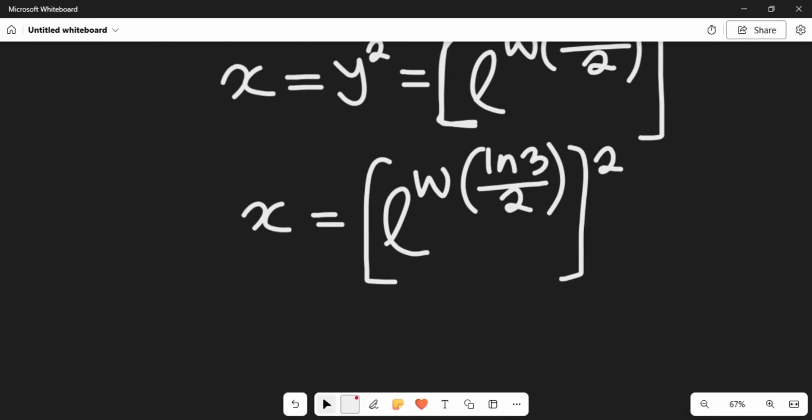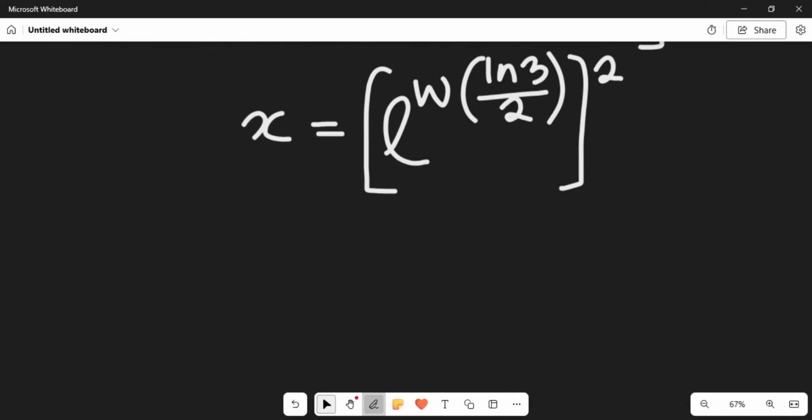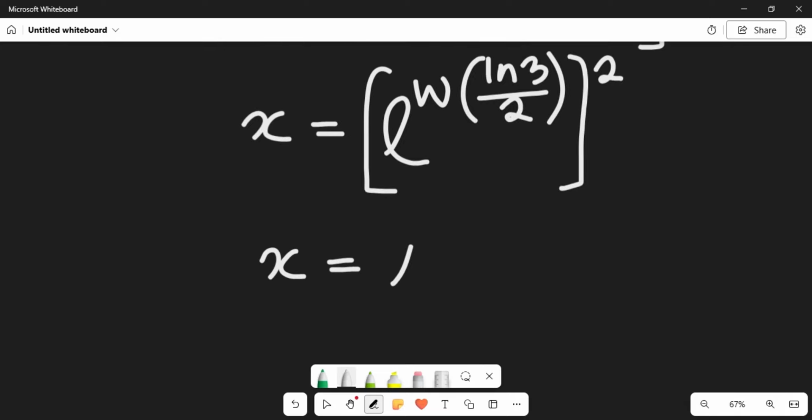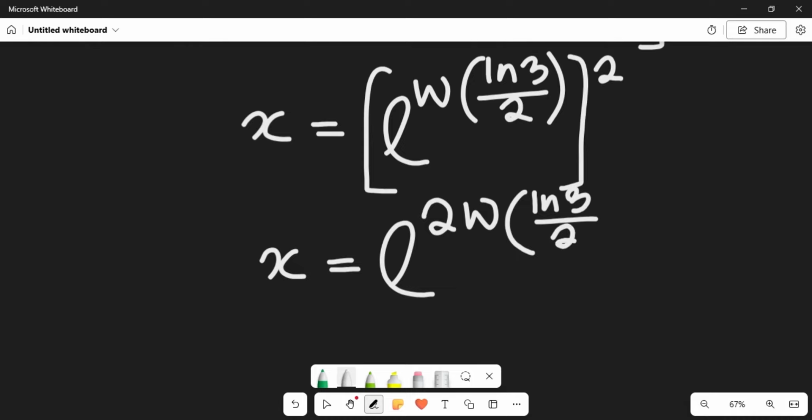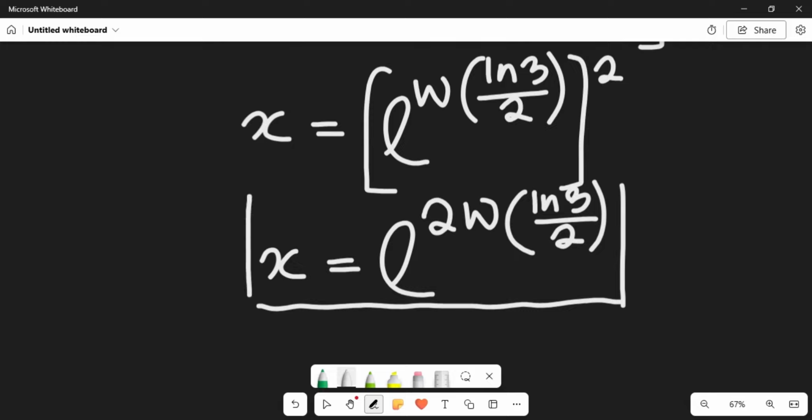Now, if we simplify that, we'll find out that the value of our x will simply be equal to the exponential value of 2 Lambert W multiplied by ln 3 divided by 2. And this will be the solution to that math expression that is given to us up there.